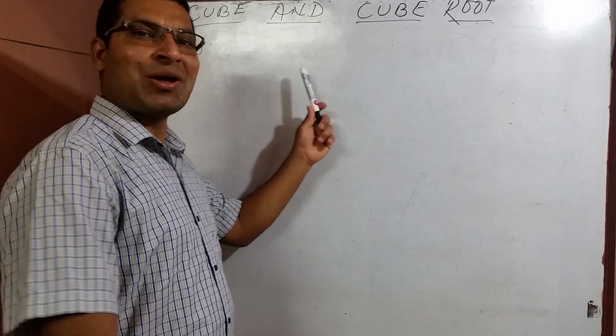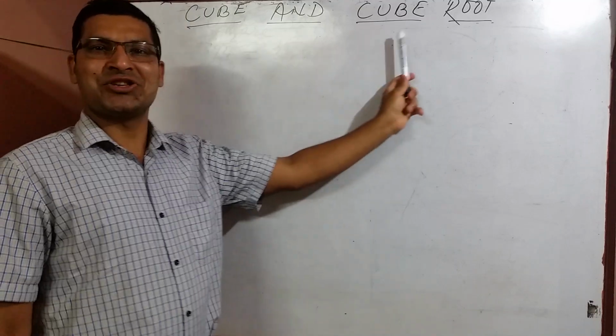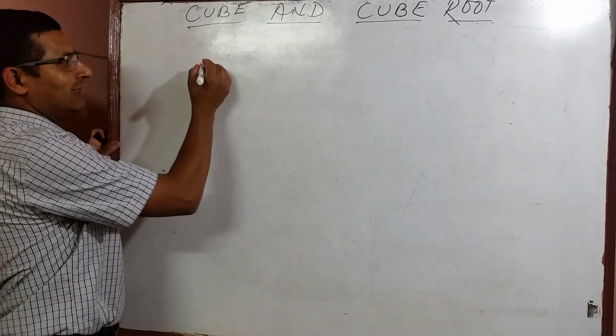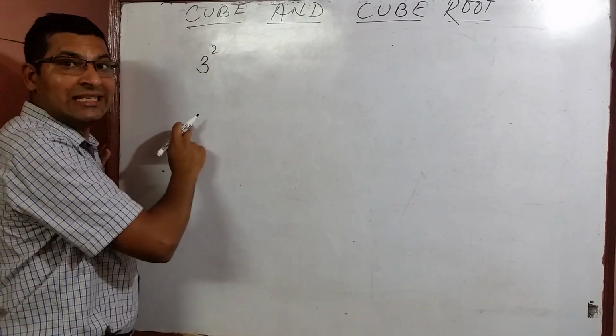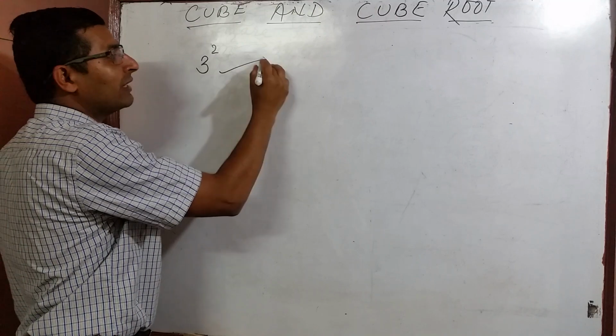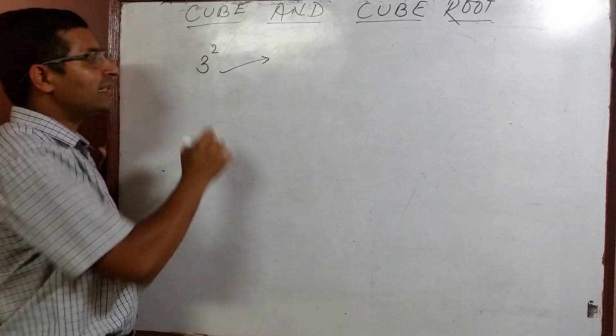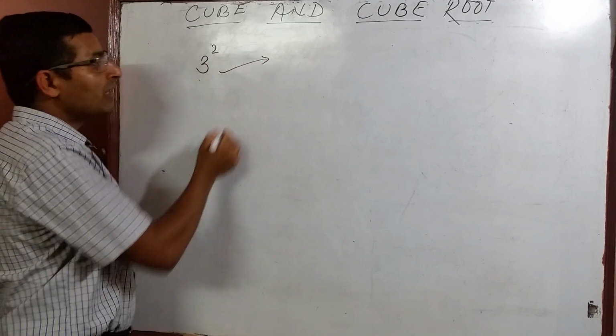Yes, now we will learn about cube and cube root. If the power is 2, we call it square and we read it as 3 square.